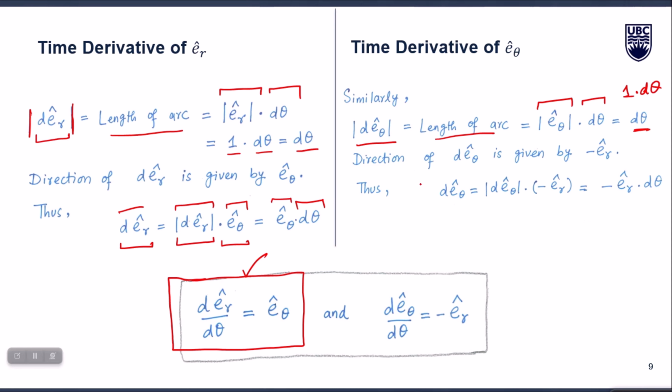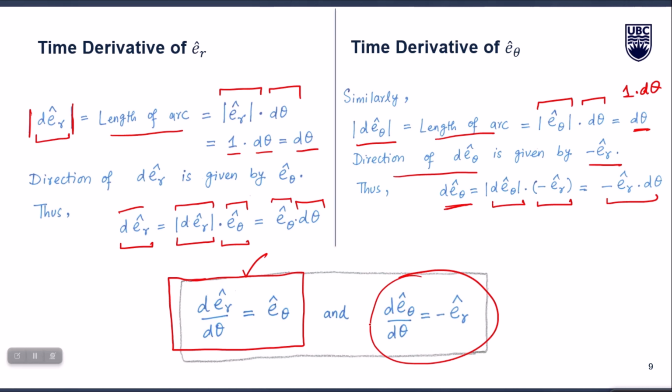However, the direction of the change in the E theta vector is given by minus E sub r now, because the change in E theta is in the minus r direction. So therefore we can write this dE theta vector as a product of its magnitude and its direction. So magnitude is simply d theta and direction is given by minus E sub r. So we get this expression, or I can rearrange it in this form also.